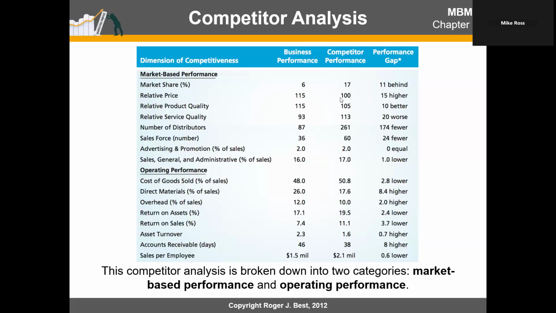And in theory, we should have been able to command higher than market pricing. So you would say, well, I'm below on market share, but I've differentiated myself in a way that I'm able to command higher relative price versus my competitors. So you can go down the line here and examine, from an income statement perspective, each one of these metrics and see where I am ahead or where I am behind.